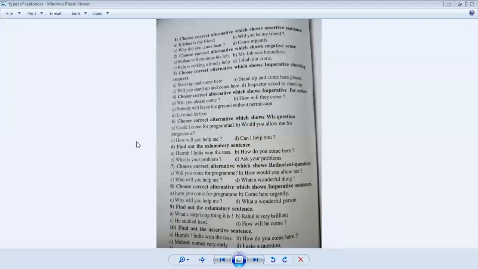Okay. Imperative sentence. There are two, three ways of converting imperative sentences into passive voice. I will show you. Wait. Till then, does everyone know the different types of sentences?